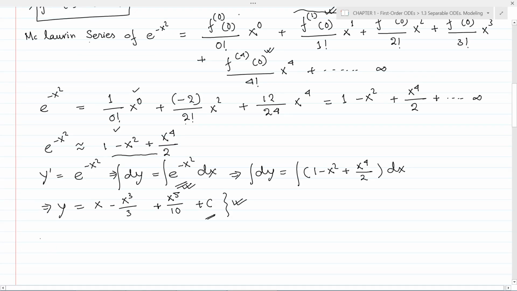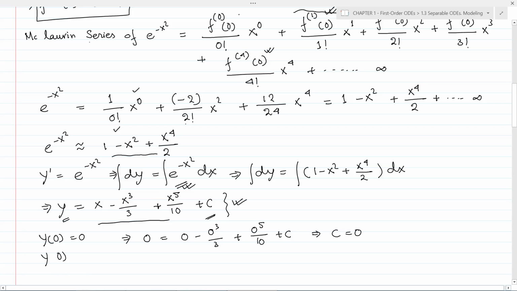The first initial condition is y of 0 equal to 0, which implies the left hand side y is 0 for x equal to 0, which implies 0 equal to 0 minus 0 cube by 3 plus 0 to the power 5 by 10 plus C, which implies C equal to 0 for the first initial condition.